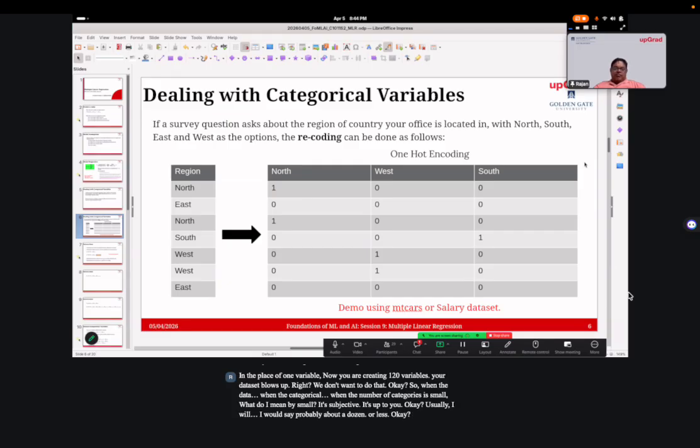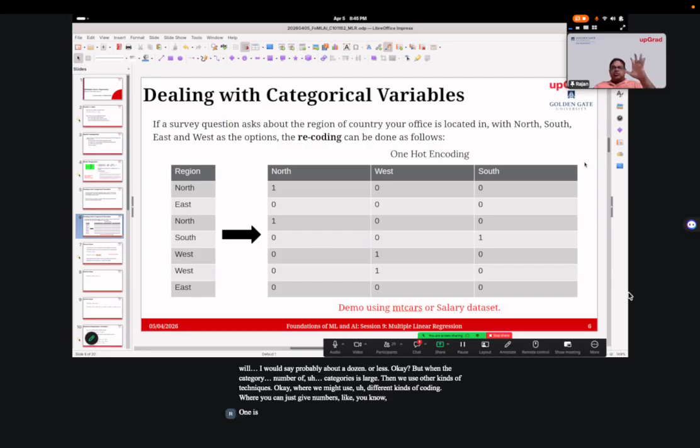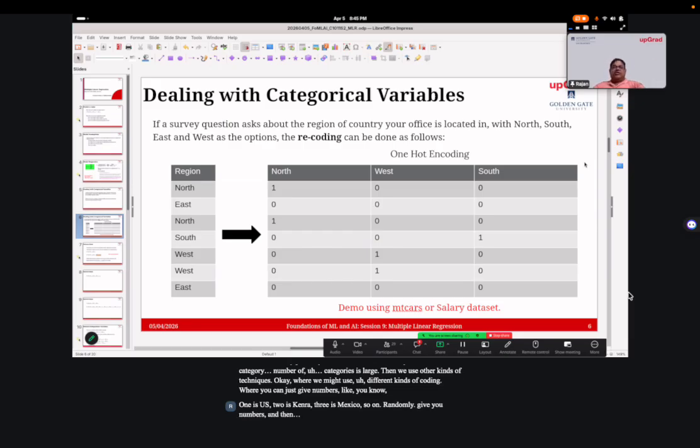But when the number of categories is large, then we use other kinds of techniques, where we might use different kinds of coding, where you can just give numbers like 1 is US, 2 is Canada, 3 is Mexico, and so on. Randomly you give numbers and then treat that as a continuous variable, but that has issues.